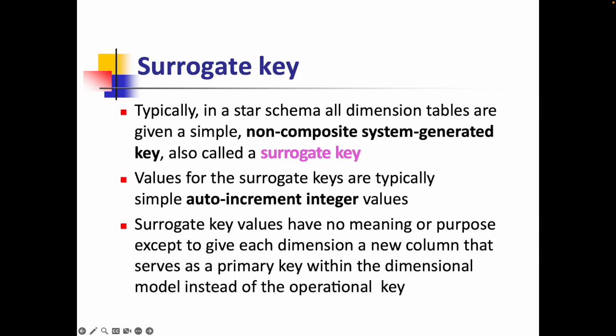While if you use the surrogate key, it's automatically generated by the system. So it makes sure that you don't have the problem with the ever-changing data in your dimension tables, okay? So that's one of the reasons.